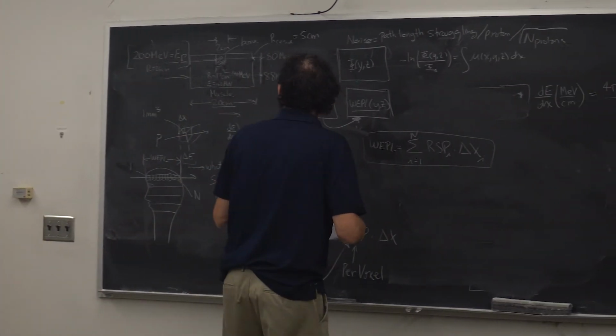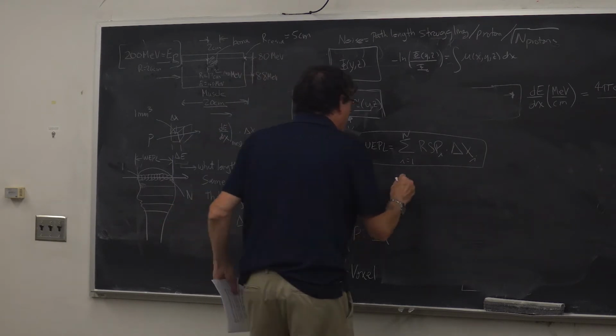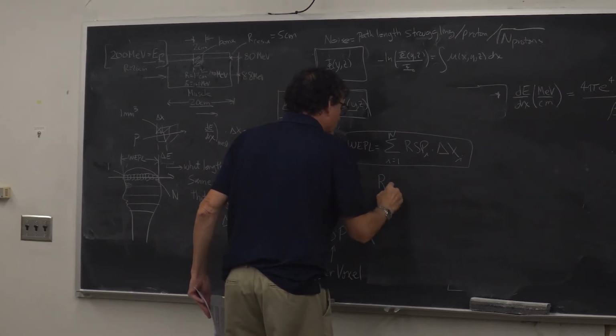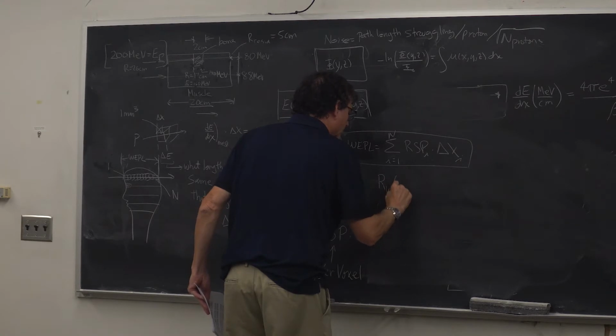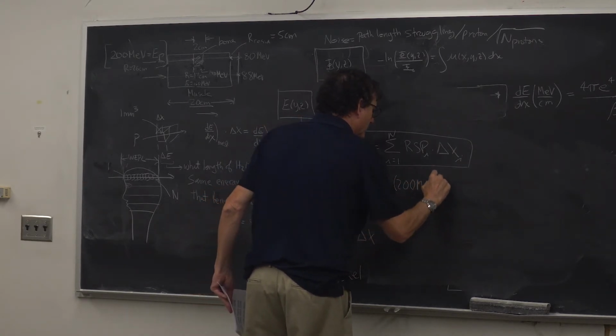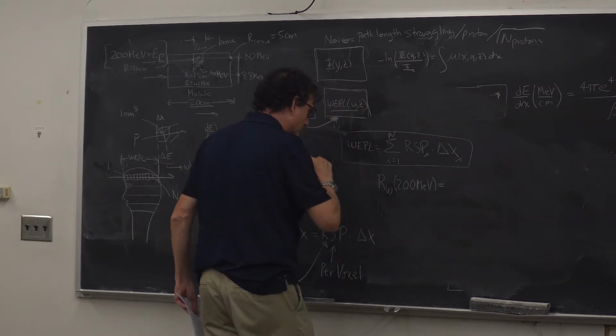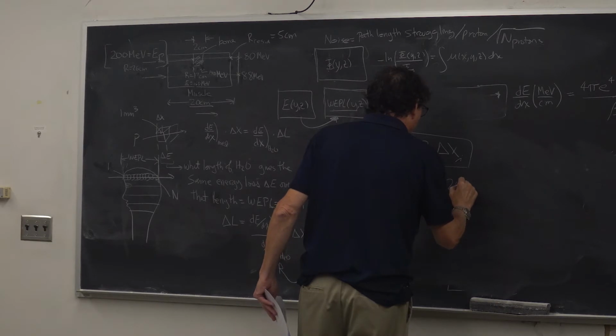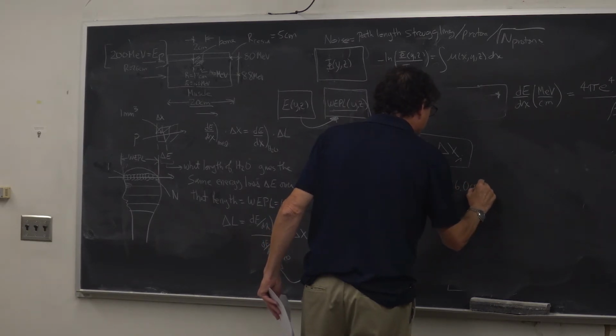So this is a pretty useful guy. Okay, so the easy way to get there is to say that the range of protons in water, let's do this one, the range of protons in water for 200 MeV is equal to 26.0 centimeters.